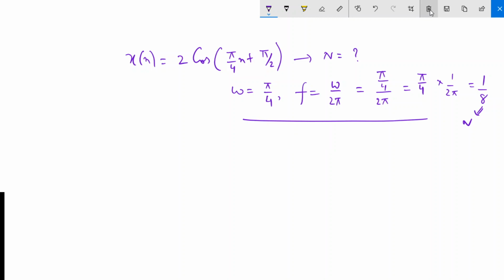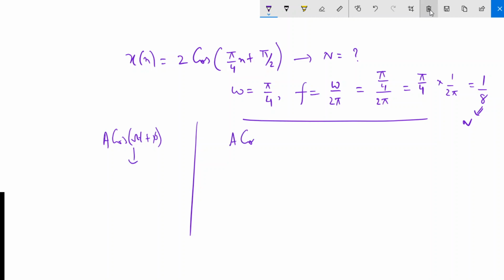So this is the difference between continuous time and discrete time signals. There are two major differences that we have got. One more thing that I need to discuss here is that in continuous signals we have seen that as you increase the frequency, the oscillations start increasing, and the frequency can go up to infinity.